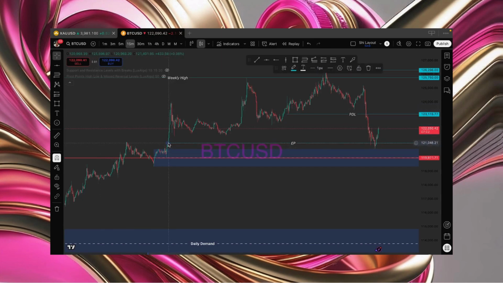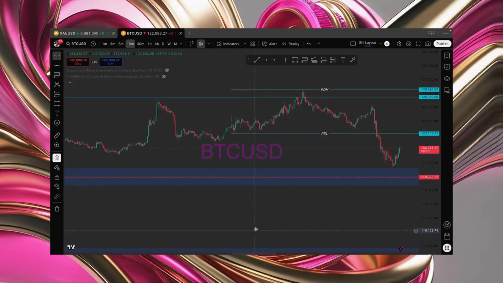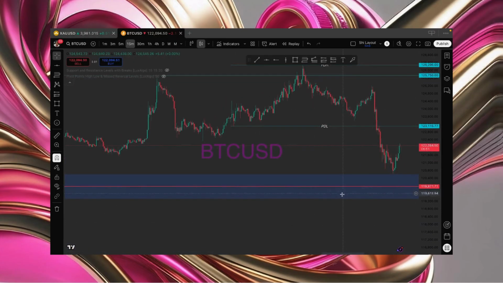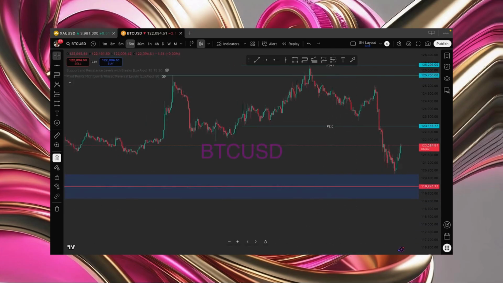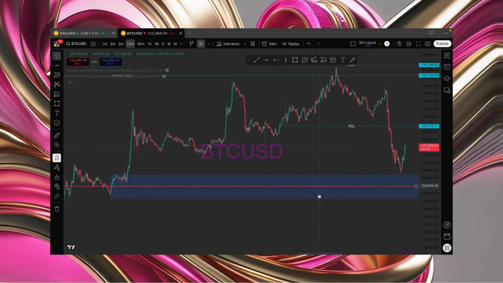Now, what I'm looking for in this case is for price to come back down and not close below this zone, because if it closed below this zone, then I know that I need to be looking for a better entry.